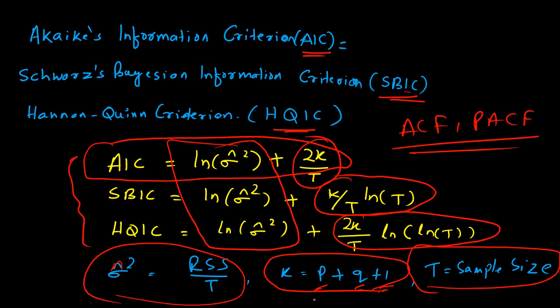And when we do these exercises using software, we'll get to know that sometimes it's not very clear, and there will be a subjective opinion when you look at the ACF and the PACF, right? Hence, all three information criteria sometimes give better insight into what should be the order of the time series.